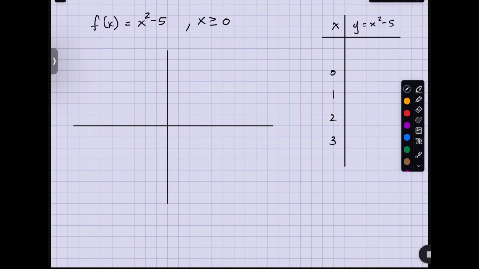So 0 squared minus 5. I know, but what's step 1 on the inverse stuff? Don't I still got to get the 4 points from the parent function? All right, so let's do it. What's 1 squared minus 5? 2 squared minus 5. 3 squared minus 5.